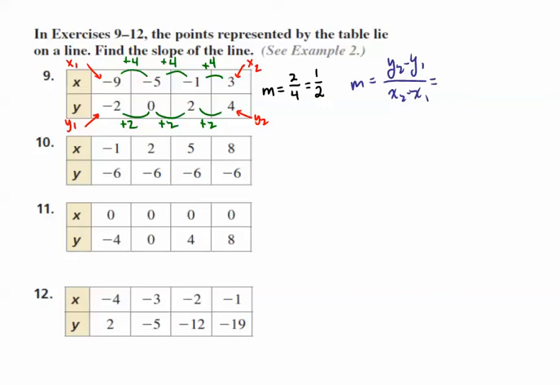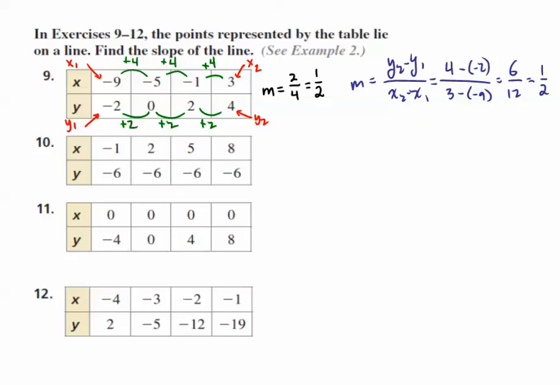Remember, you have to do the change in y, so y2 is 4, then minus negative 2, over 3 minus negative 9, and we would end up with 6 over 12, which is 1/2. So we get the same slope whether we do it using common differences in the tables or using the formula.